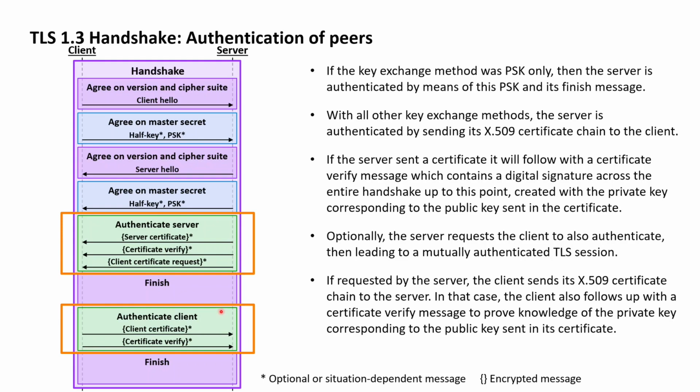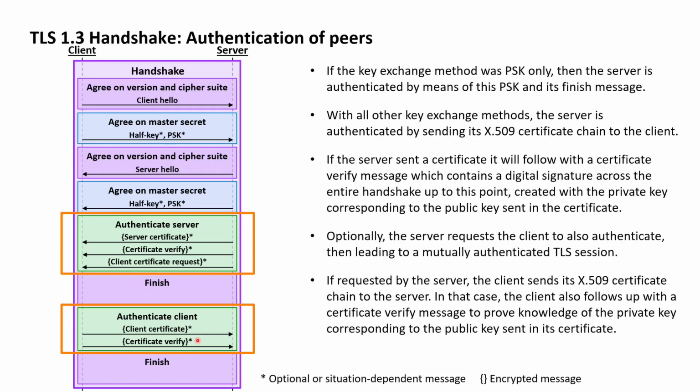If all of the validations succeed, then the server is successfully authenticated and the client will, if requested by the server, proceed to sending its own X509 certificate chain to the server, together with a certificate verify message containing a digital signature across the handshake that will prove knowledge of the private digital signature creation key to the server.